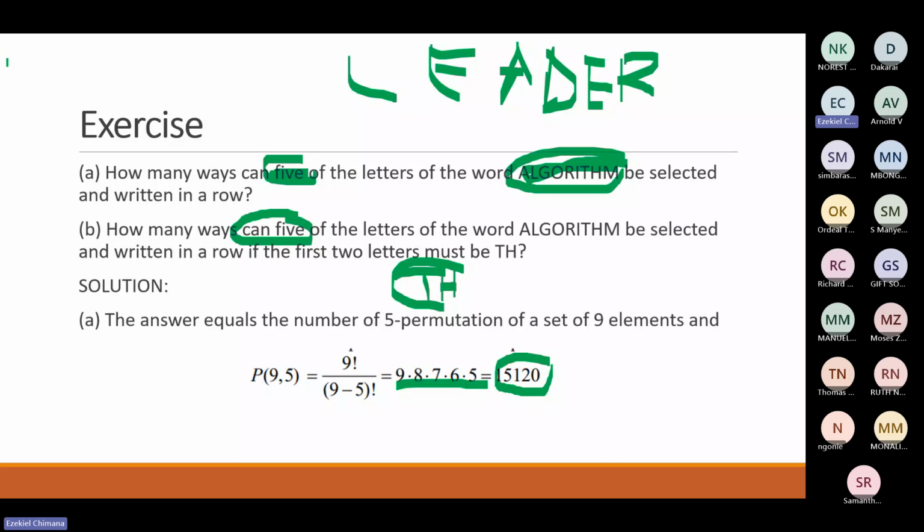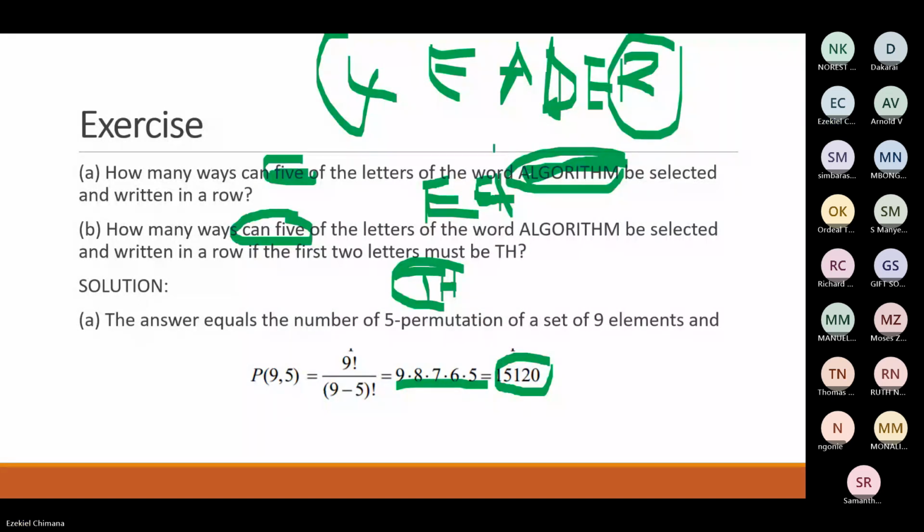Okay, I'm back. What I was saying is you are being told that these vowels are already ordered, which means you are going to have E, E, A, and then you are being asked to arrange the remaining letters, which are L, D, and R. So this question is just as good as the question that we have done, where you are already given that TH is going to be the first.